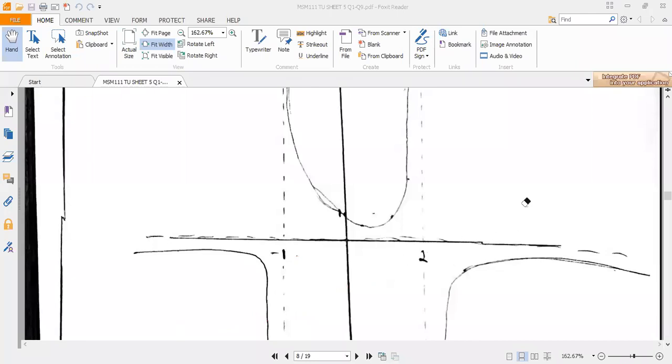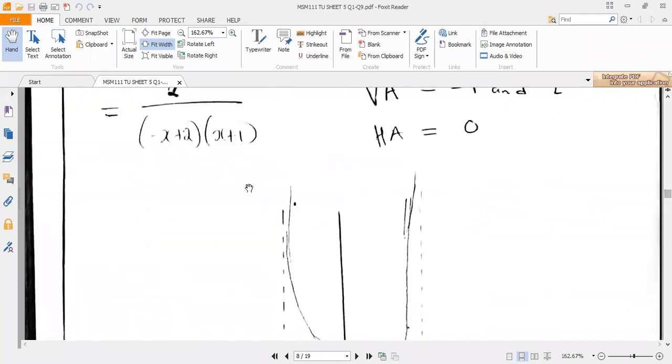So now when you go to this region here, let's pick 3, isn't it? In this region, let's pick the value of x to be 3. So you discover that when we pick x to be 3, here it will be -3 plus 2, which is -1, isn't it? So here it will be 3 plus 1, which is positive.